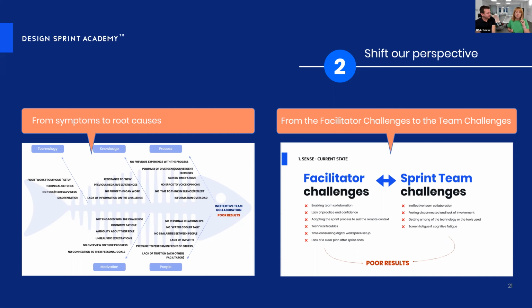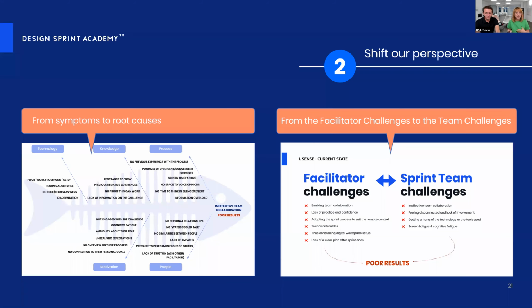But at one point, they do intersect and they are the same, and that's ineffective team collaboration. When that happens, you have a lose-lose situation, because in the end you're going to end up with a design sprint with poor results. And that's something that no one wants to have. But we found this middle ground between those two types of challenges.